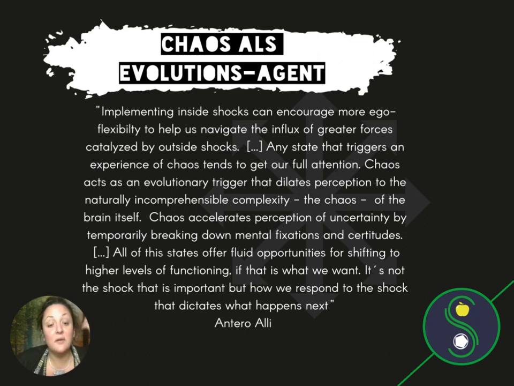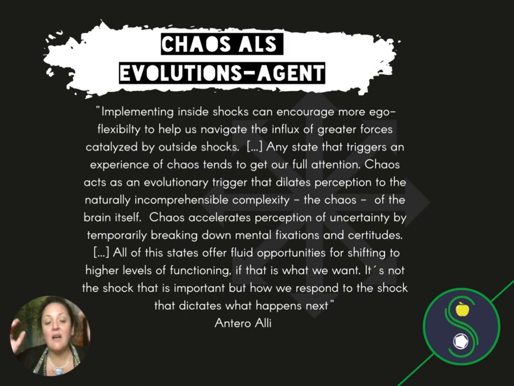"Chaos accelerates perception of uncertainty by temporarily breaking down mental fixation and certitudes, the default mode network. All of these states offer fluid opportunities for shifting into higher levels of functioning." So you have a chaotic state, the brain goes hyperconnection, neuroplasticity, and brings down the default mode network of standard operation.